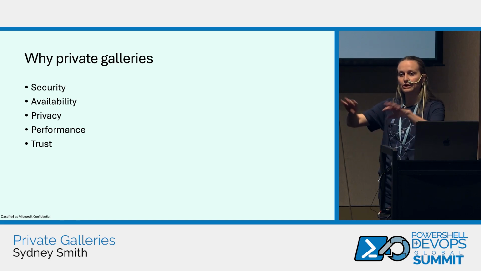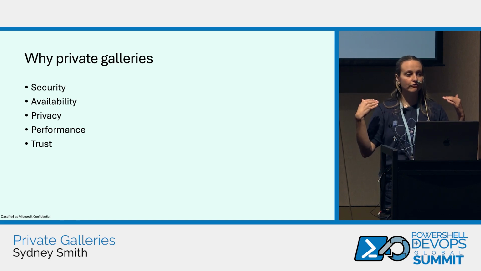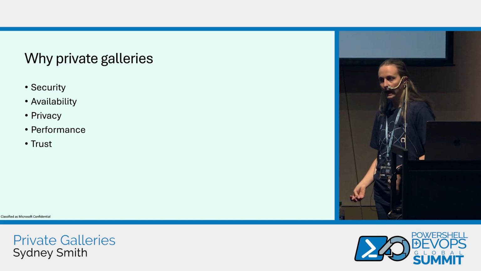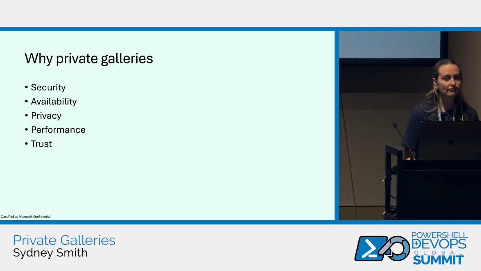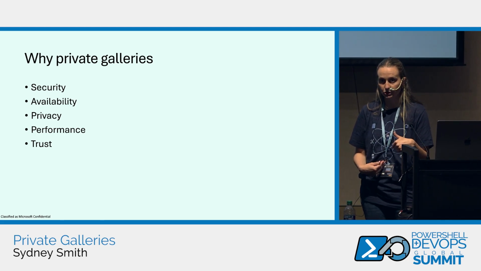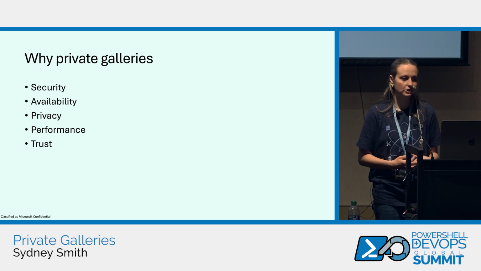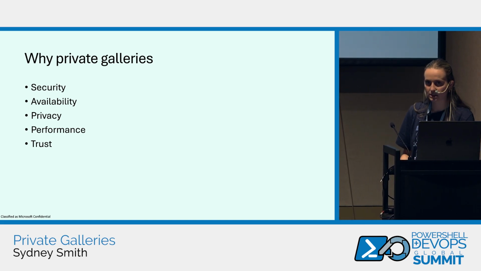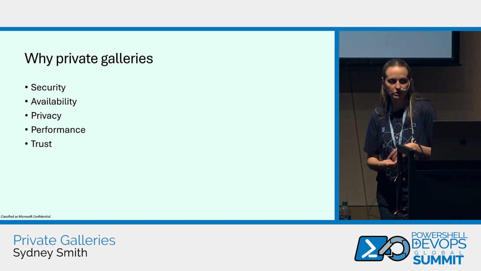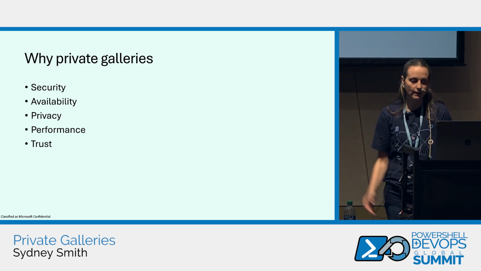I can set up whatever security boundaries around my private gallery that are appropriate for my enterprise or my scenario. I can set up whatever level of auth requirements are appropriate for me and my modules. It's going to look different depending on where you are. So you can customize the auth needs to your environment, the process for which it takes for a module to get in, all those sorts of things.